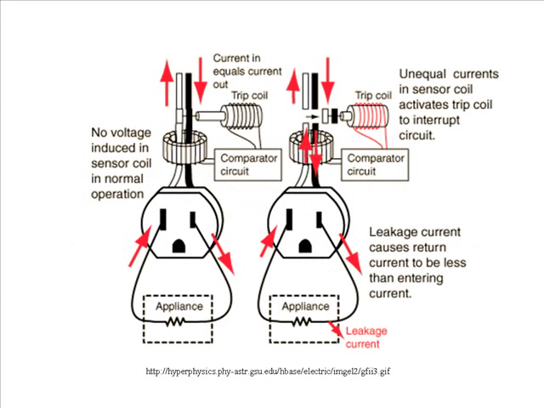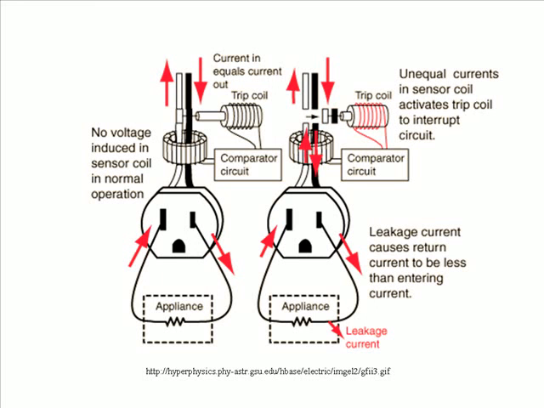But just to close up with ground fault interrupters, here is the schematic diagram showing the nature of ground fault interrupters and their design. If there is equal current flowing from the hot wire to the return path, then there is a comparator circuit which says that if there's no difference between the two, the comparator circuit is inactive and nothing happens.